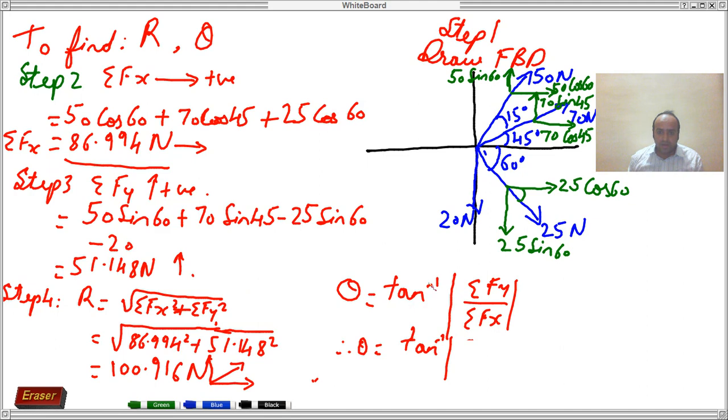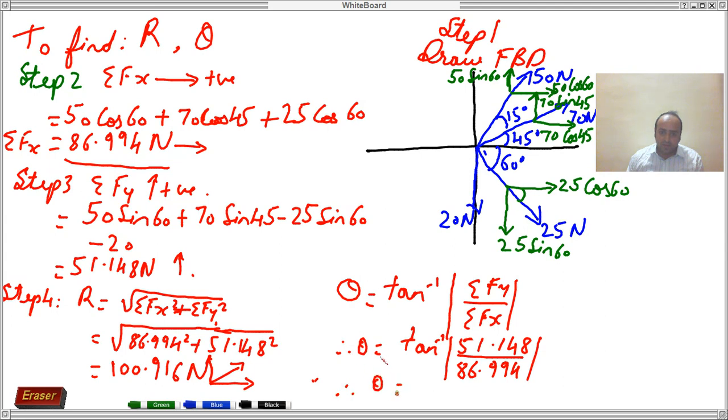Okay, so here it is 51.148 divided by 86.994.